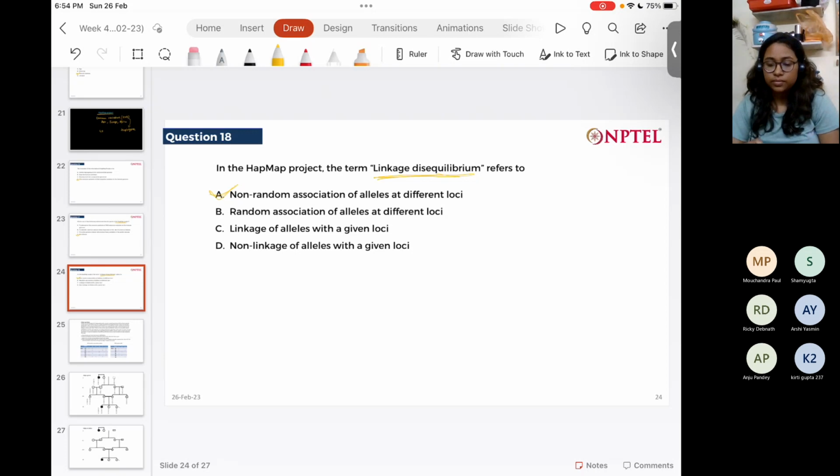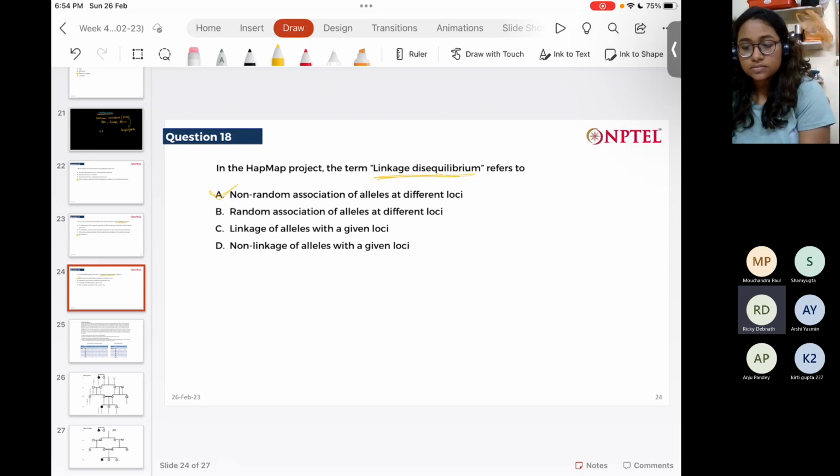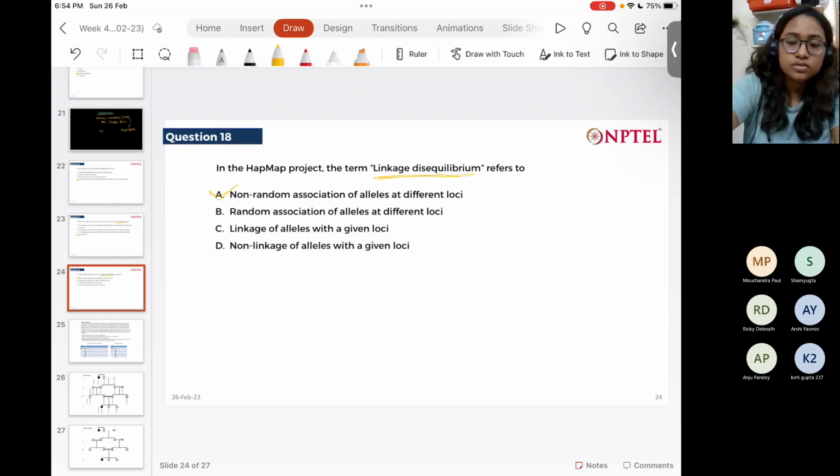But here the definition of linkage disequilibrium is the degree to which one allele of one gene variant is co-inherited with the other variant within the same population, while the option says different loci. Why? I think you found this definition through Google; it was in the assignment.